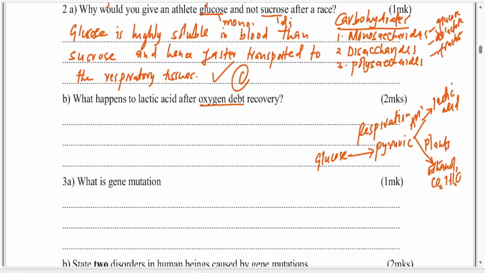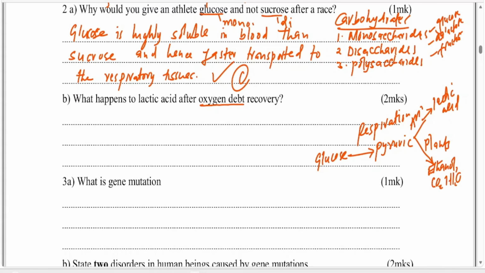So we know we have what we call the oxygen debt, the extra amount of oxygen that is required to get rid of the lactic acid that accumulates in the body muscle when that supply of oxygen was less than demand. So we are being told what happened to that lactic acid after the oxygen that was needed has been attained, or that debt has been paid.